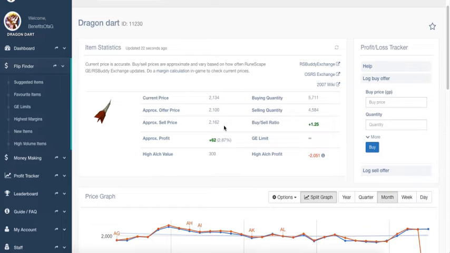Again, I'm not going to repeat myself, but you're going to want to look at the entire picture as a whole to see if it's really going to experience a 300 to 400 GP margin. And if it does, was it an abnormality, or is it something that happens all the time, and it really pushed that margin because of a recent crash or a recent rise in that price?